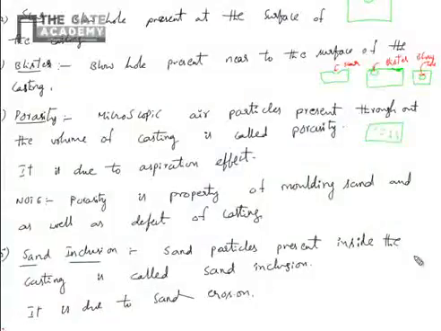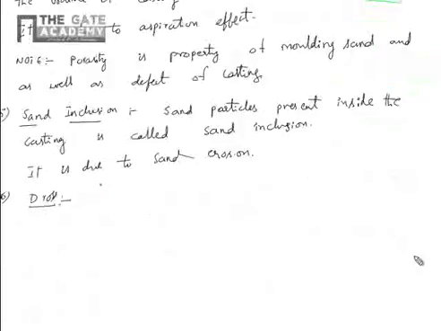Next is dross. Impurities present in the casting are called dross, especially lighter impurities.